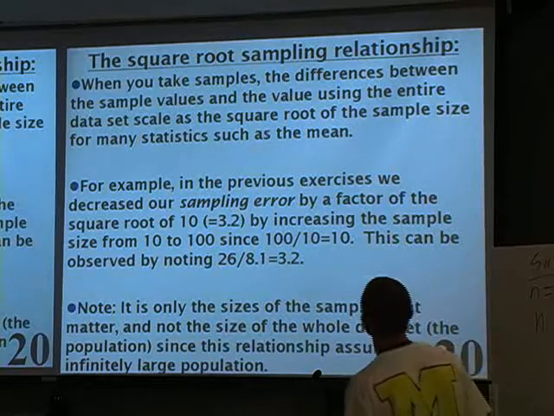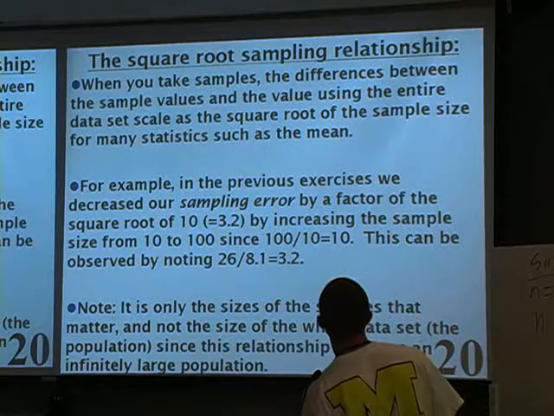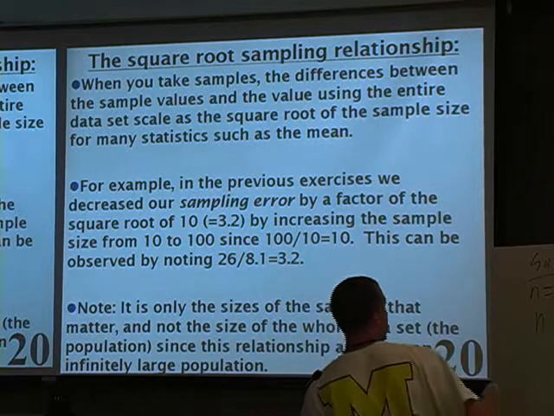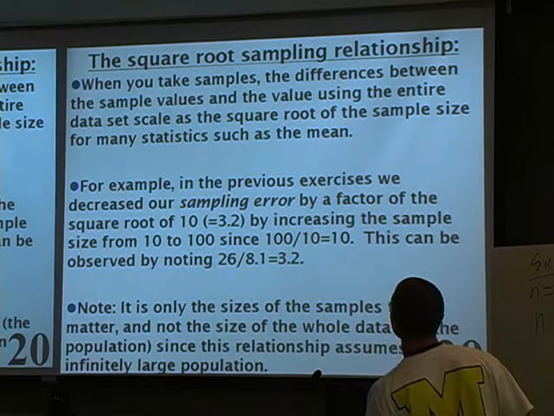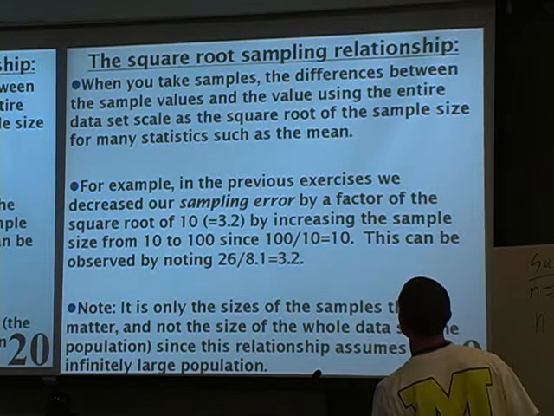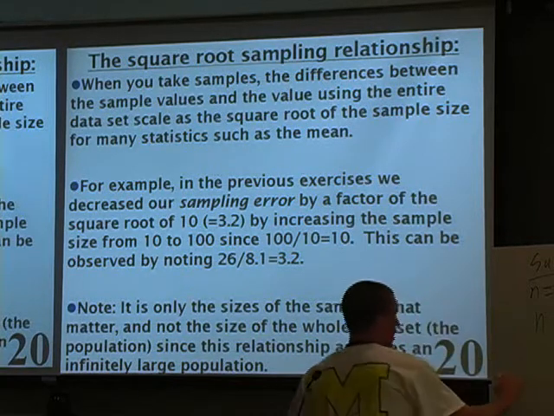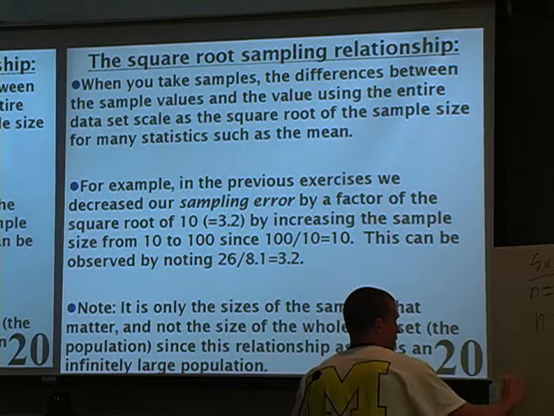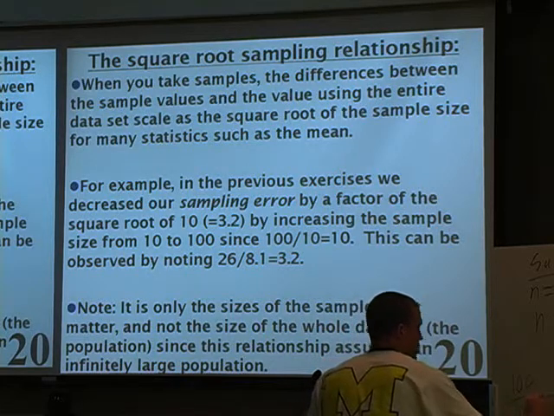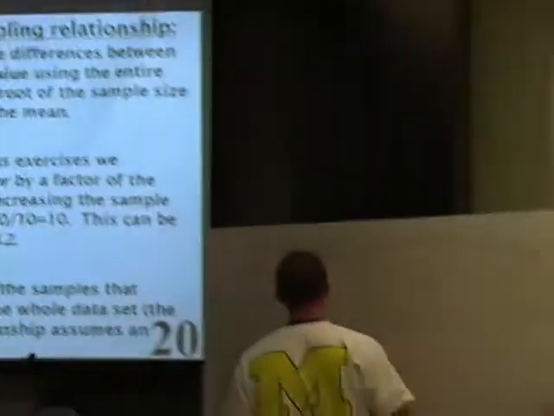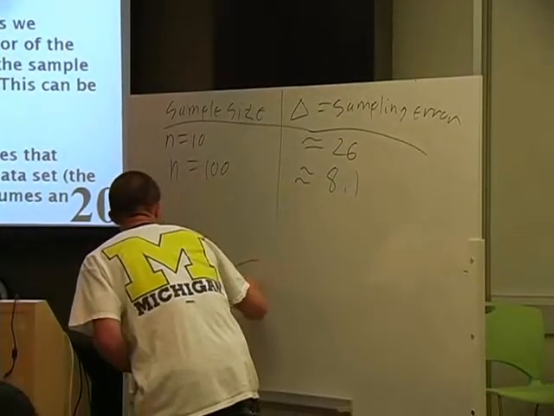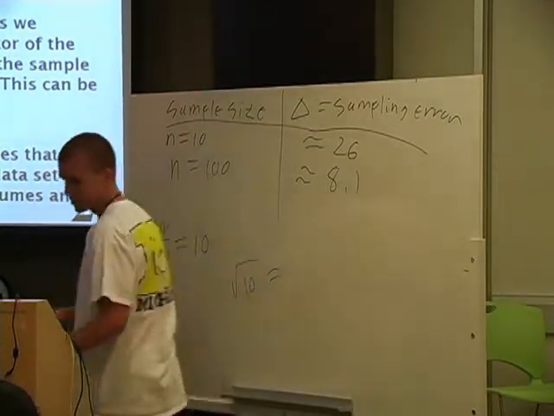For example, in the previous exercise, we decreased our sampling error by a factor of the square root of 10, by increasing the sample size from 10 to 100, since 100 over 10 is 10. So I increased my sample size by a factor of 10, which means I should have decreased the error by a factor of the square root of 10, which is about 3.1.